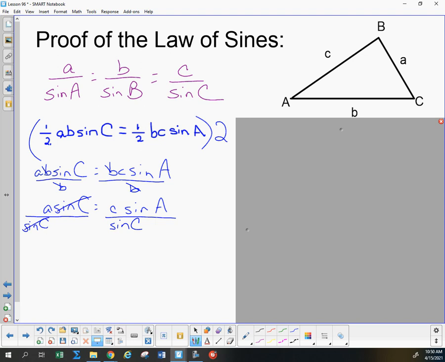And for that matter, I don't want sine A in the other numerator, so I'm going to also divide both sides by the sine of A. And then this one cancels, and I have A over the sine of A is C over the sine of C, and that sure looks like part of the law of sines. I have this first and last part are now equal to each other. I just need to get the part with B's in there.